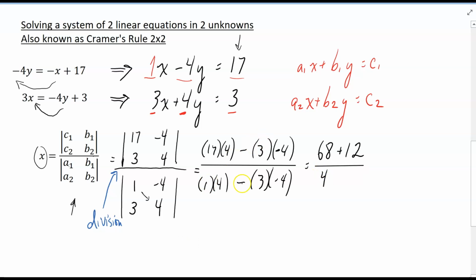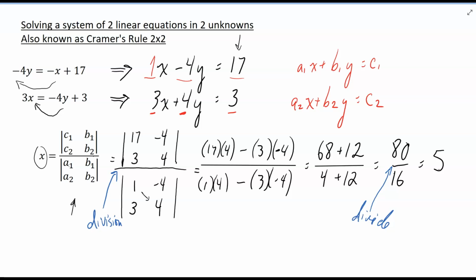We are subtracting -12, so we are adding 12. 68 plus 12 is 80 over 16. Now it is the division. Okay, divide here. 80 divided by 16 is 5. If you didn't get an integer, then you can leave it as a fraction or convert it to a decimal value.